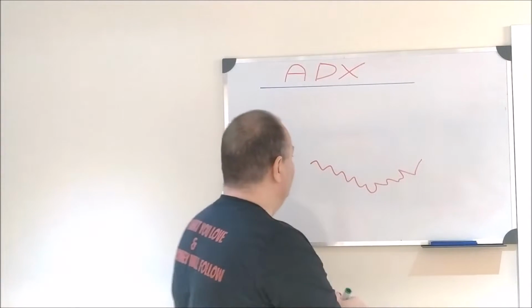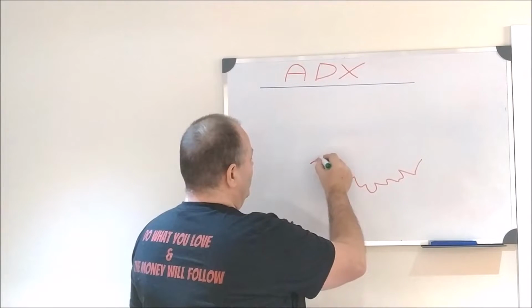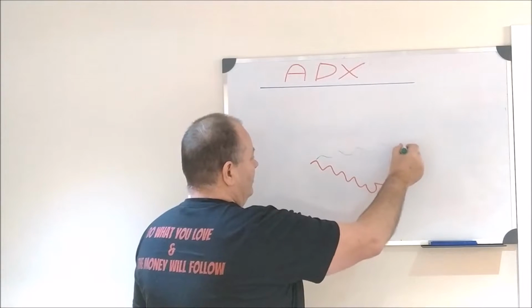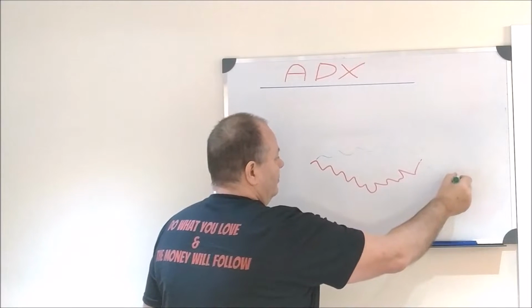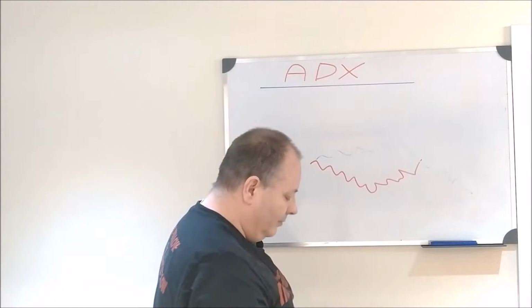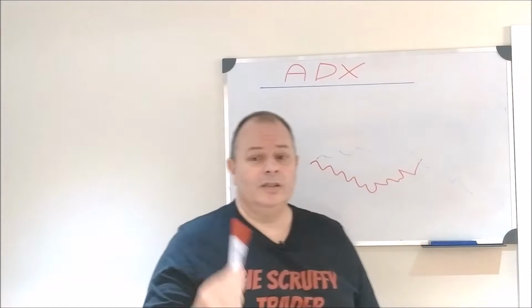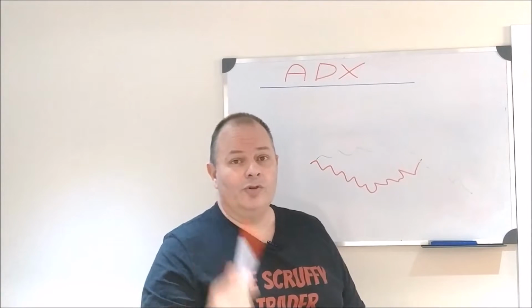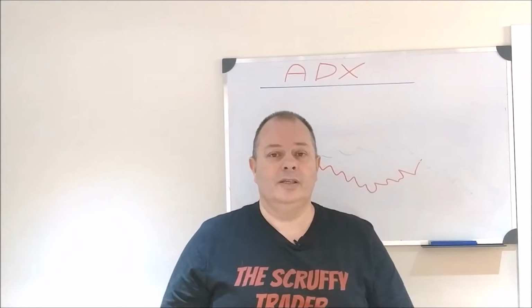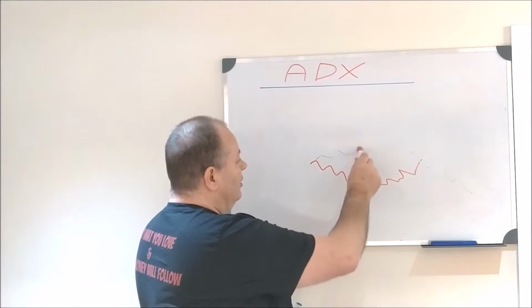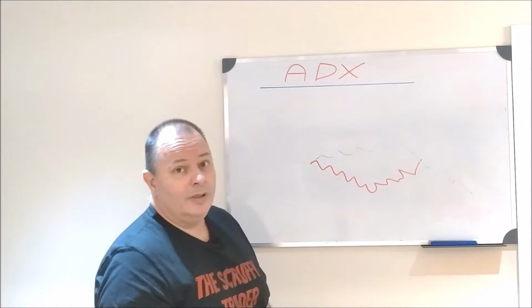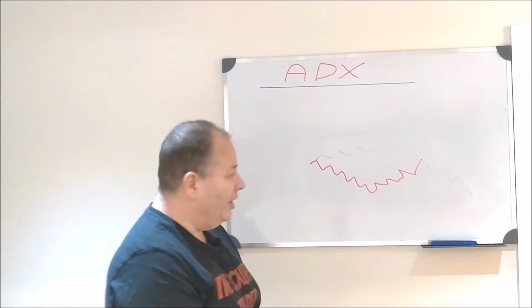And then you'll have another one going the other way, like that. And what they represent is red is a downtrend, green is an uptrend, and whichever one is on the top is the stronger trend.